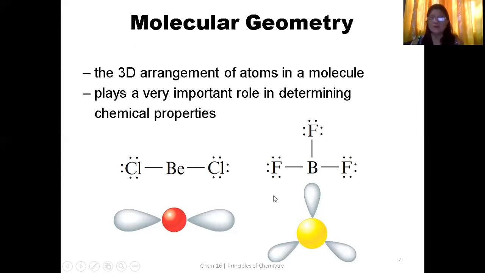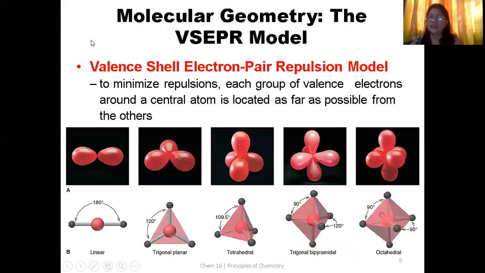To discuss this further, it is shown in this theory, the valence shell electron pair repulsion model. What do you mean by repulsion? The electron pair repulsion is the tendency, when in a molecule there are atoms, that they repel each other. So there will be electron pair repulsion.